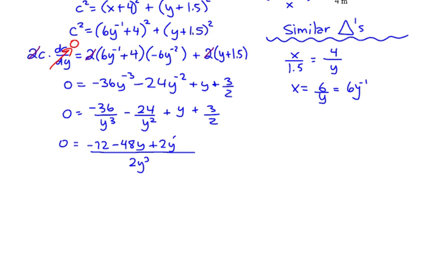You get the same thing if you factored out. And then plus, this already has a 2, y cubed. If you want this to be 2y cubed, you have to multiply the top by 2y squared.